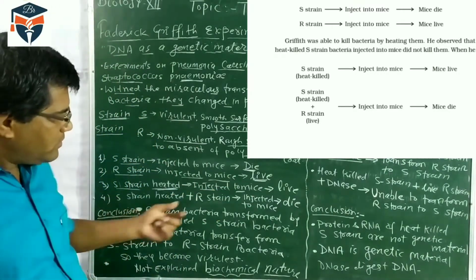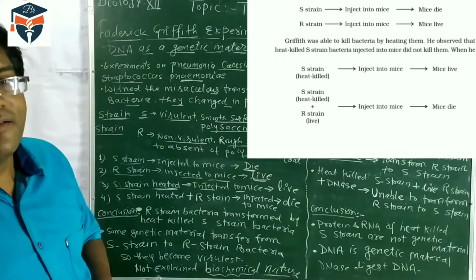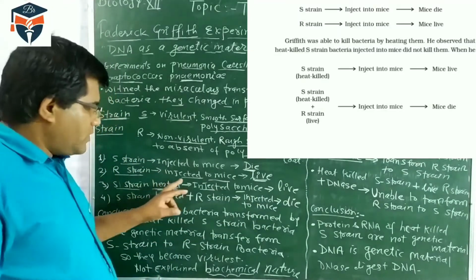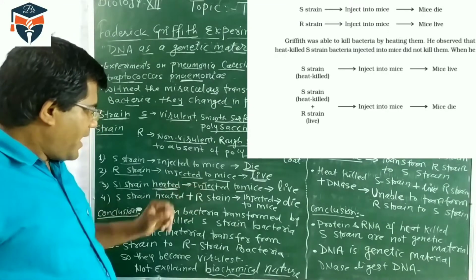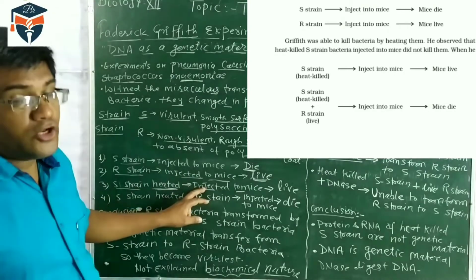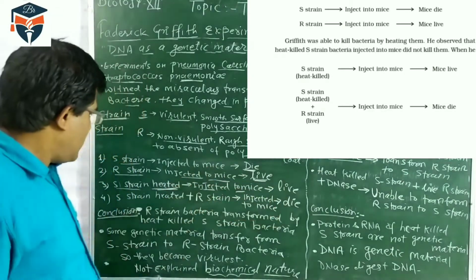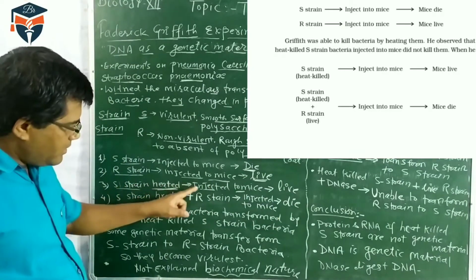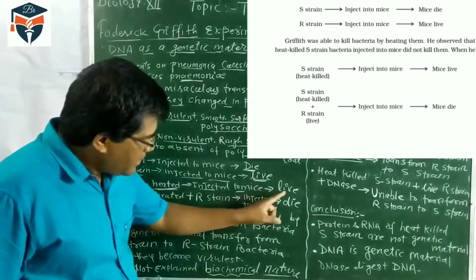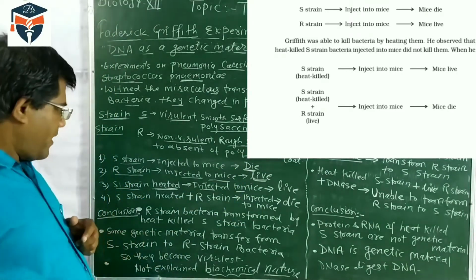What was the result? Again the mice live. The reason is that the bacteria are killed due to the heating, and that's why the mice do not suffer from pneumonia and are alive.